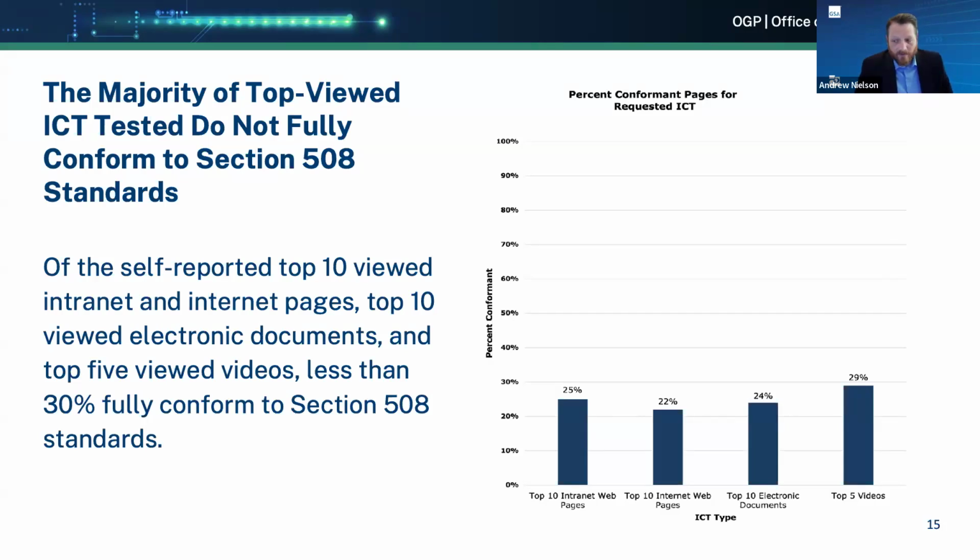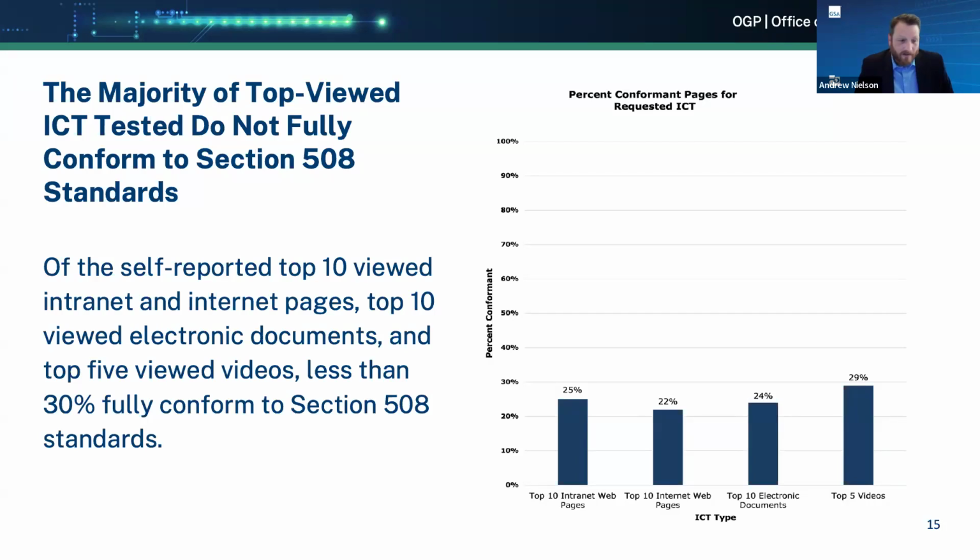So we asked both for their intranet or internal websites, as well as their external public-facing internet websites. 25% of intranet pages fully conformed to the Section 508 standards. 22% of internal, I got that reversed, but 25% of internal intranet pages were fully conformant. 22% of external publicly facing web pages were fully conformant. 24% of electronic documents, and 29% of their most viewed videos.